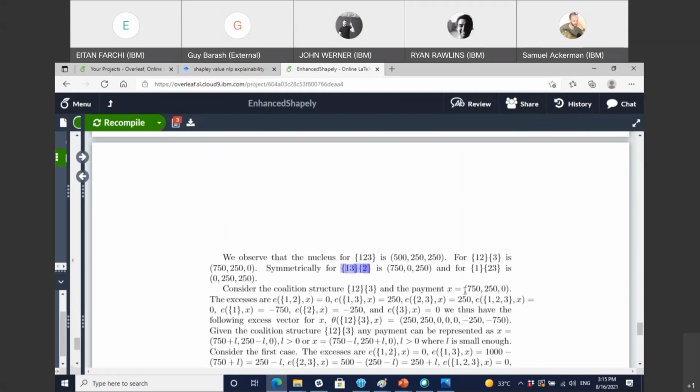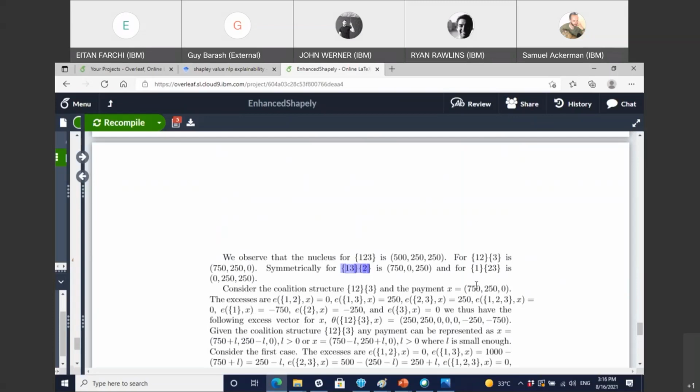Then you can think about the surplus that a player can make by breaking the coalition structure. I'll explain. They call it the excess, meaning more money.